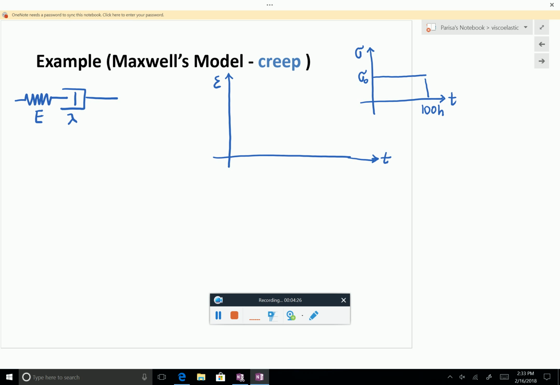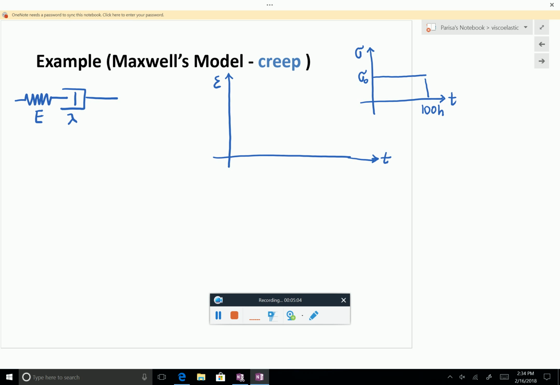Well, this depends. So let's draw this strain versus time diagram. Let me see. The benefit of a small class is that I can check on everyone. How would it look like? That's exactly why I want you to do that.